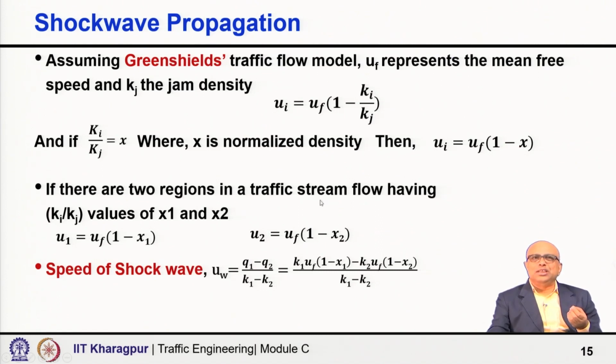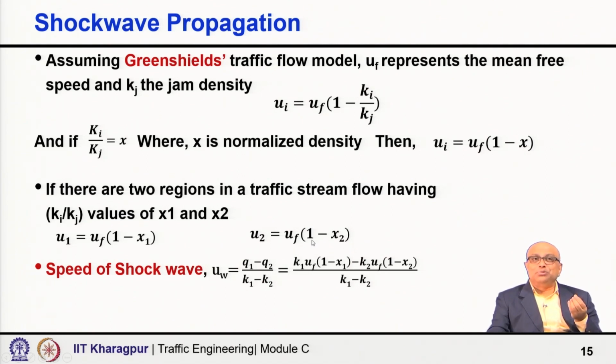If there are two regions in the traffic stream with Ki by Kj values x1 and x2, two different traffic states, they create the shock wave. Then I can individually express these two streams as U1 equal to Uf into 1 minus x1 and U2 equal to Uf into 1 minus x2.